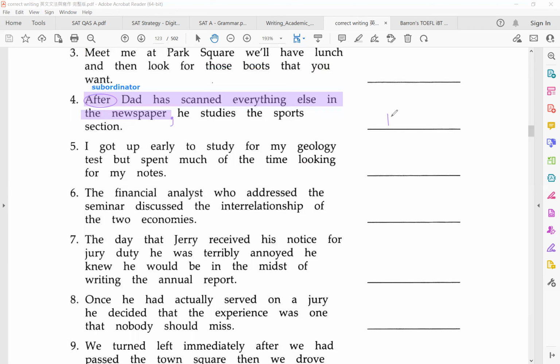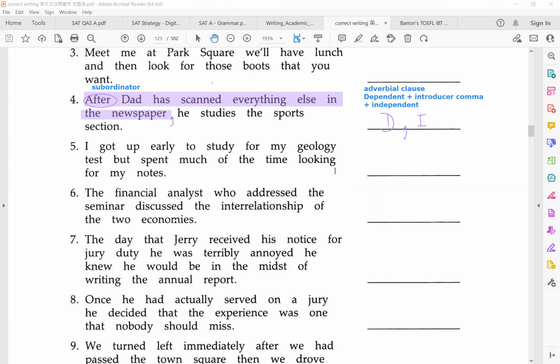So the pattern is D, comma, I. All right, so always remember this rule, adverbial clause, right? Dependent, comma, plus independent. That is the general rule for punctuating adverbial clauses.